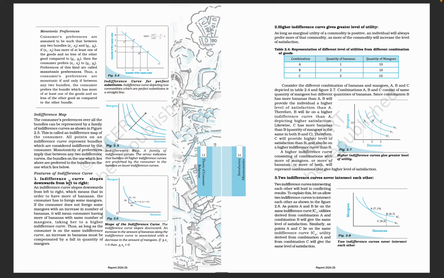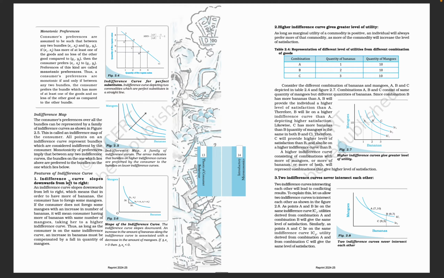Preferences of this kind are called monotonic preferences. Thus, a consumer's preferences are monotonic if and only if between any two bundles the consumer prefers the bundle which has more of at least one of the goods and no less of the other good as compared to the other bundle.